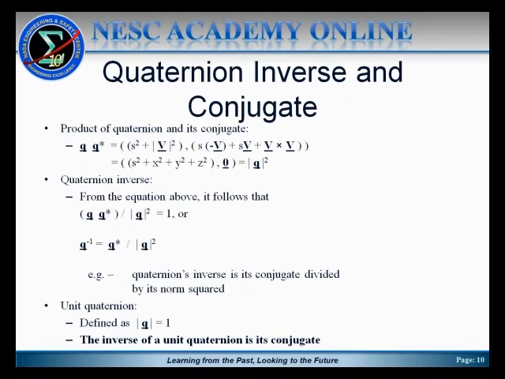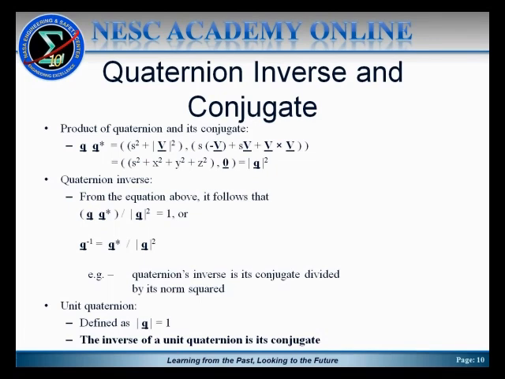I mentioned earlier, you might recall, that in the form that we typically write quaternions for flight mechanics applications, it's defined as a unit quaternion, which means nothing more than the norm is equal to 1, or the sum of the squares of the four elements of the quaternion is equal to 1.